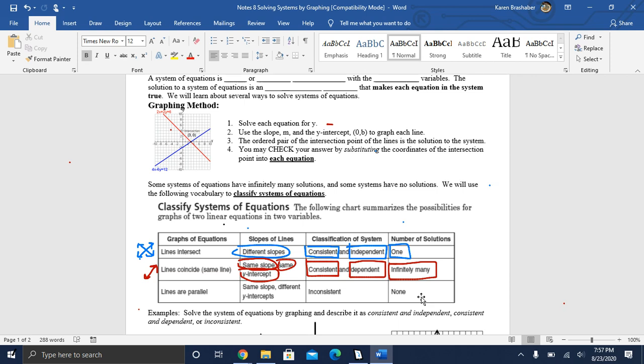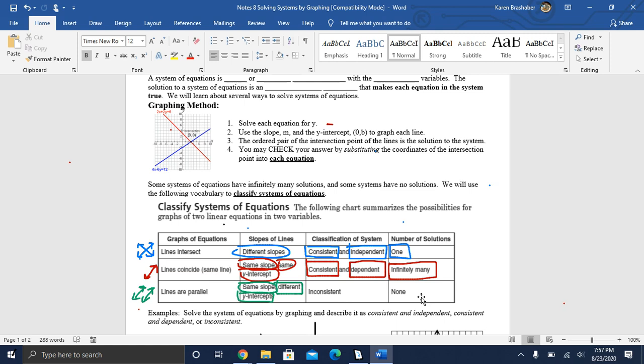And then finally, we have your third type of way that lines could show on a graph, and that would be if they are parallel. So two lines running parallel to each other. And you'll know this looking at your equations because the slopes will be the same, but the y-intercepts will be different.